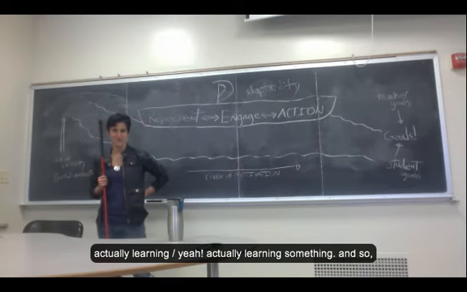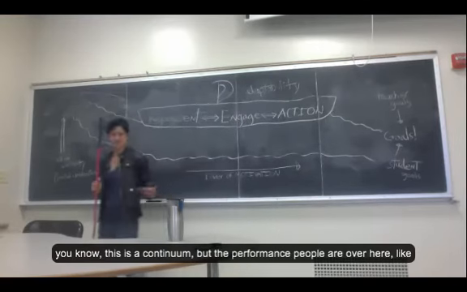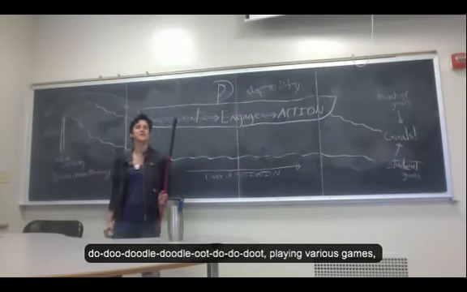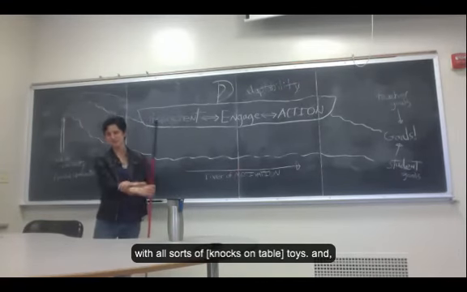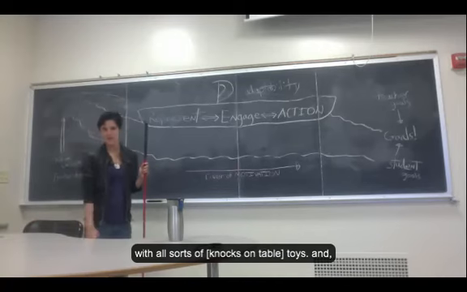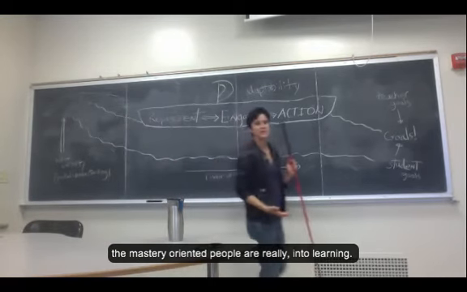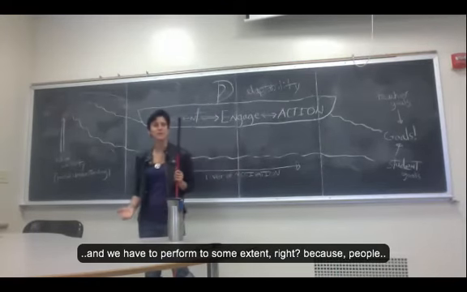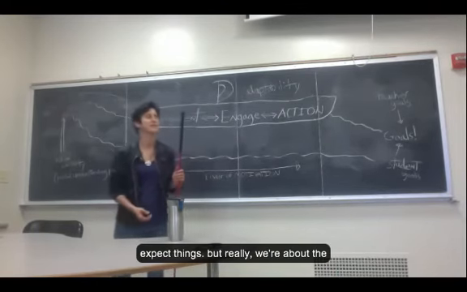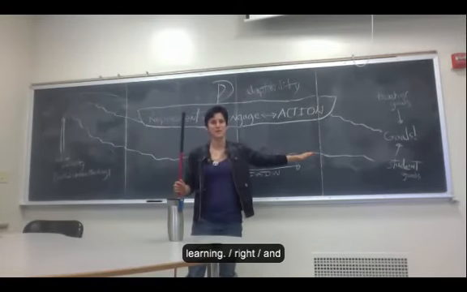This is a continuum, but the performance people over here are playing various games with all sorts of toys, and the mastery-oriented people are really into learning. We have to perform to some extent, right? Because people expect things. But really, we're about the learning here.